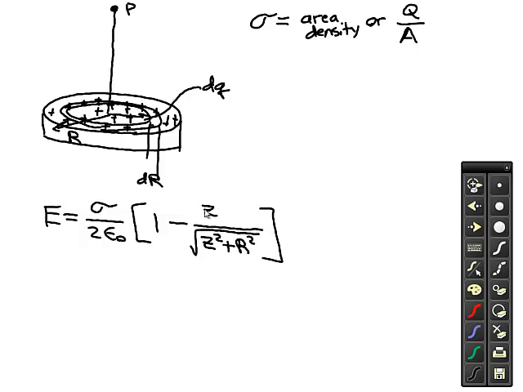Now, clearly there was a k involved here, and by the epsilon naught, you know that they must have, instead of saying k, they said 1 over 4 pi epsilon naught. So remember, k, 1 over 4 pi epsilon naught, and epsilon naught is that crazy permittivity constant that we were talking about yesterday.